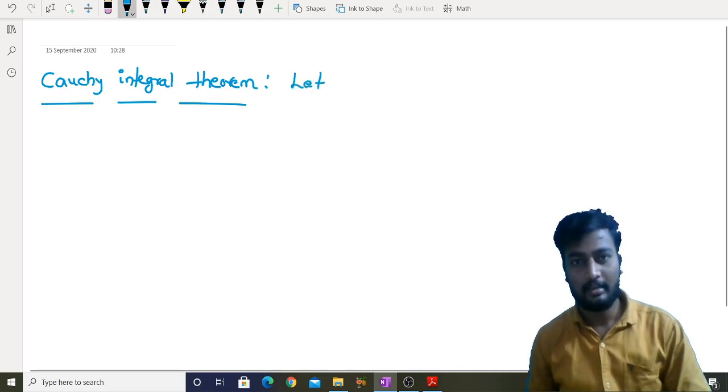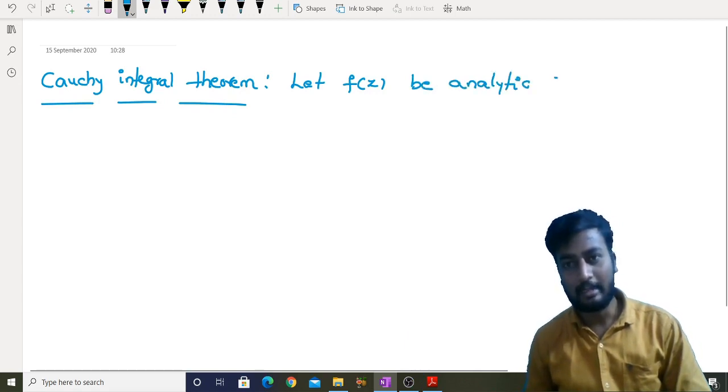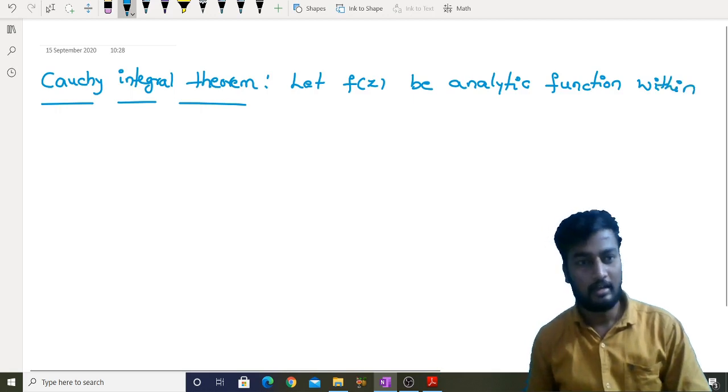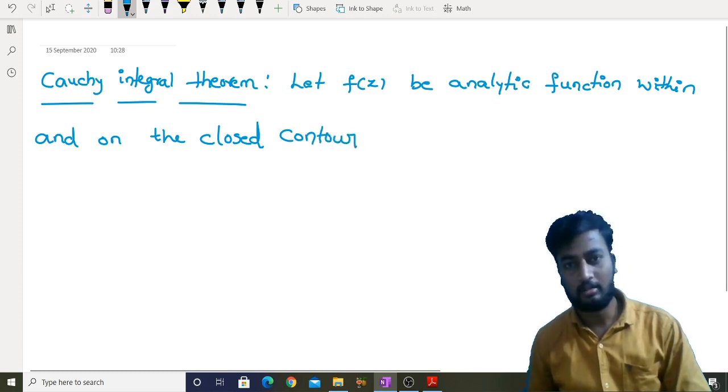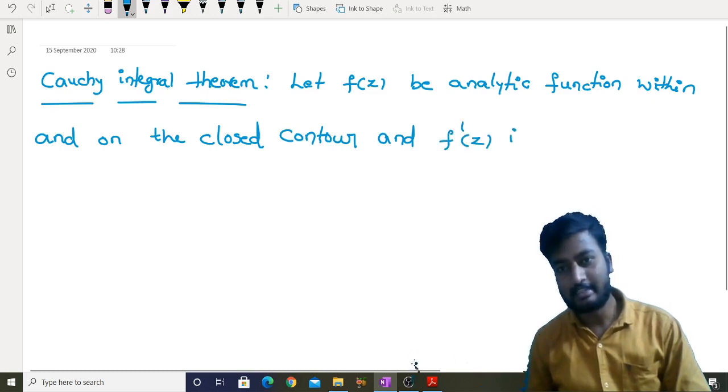Let f of z be an analytic function within and on the closed contour, and f dash of z is continuous.